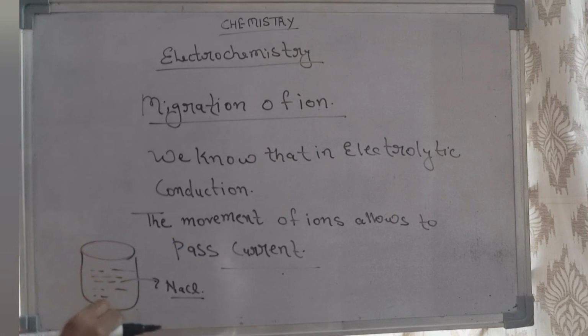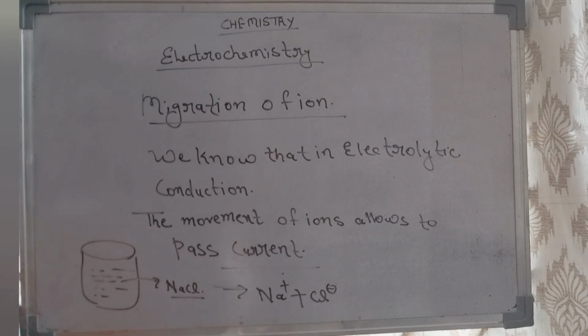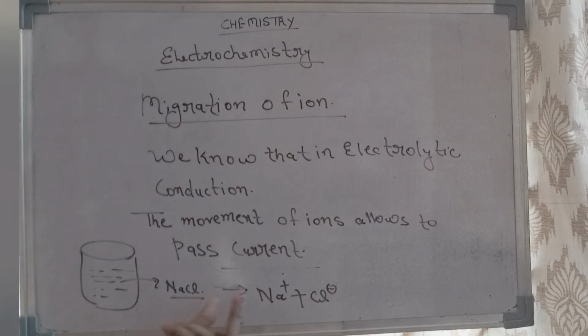put some water in this container, and then put a pinch of salt in it, the NaCl will dissociate into Na positive ion plus Cl negative ion. This Na positive is a cation, and this Cl negative is an anion. The Na positive behaves as sodium ion, and the chlorine negative behaves as chloride ion.